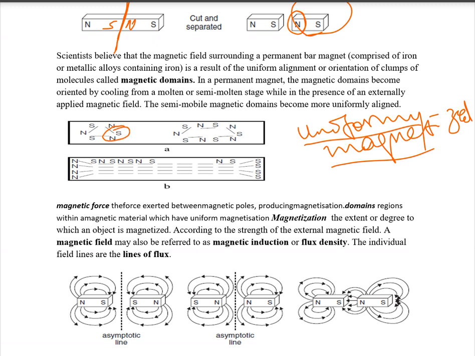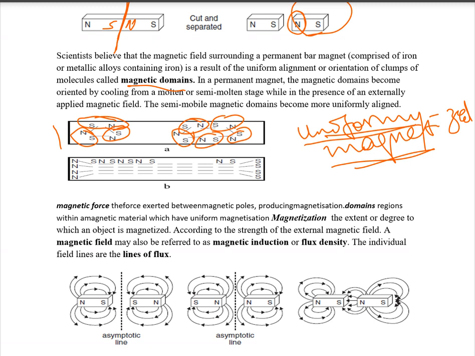Here north and south are connected, here also, and here also. Therefore, we don't have any extra north or south pole. All north and south poles are connected. Such orientation is called uniform magnetization, and this uniformly magnetized region is a magnetic domain.